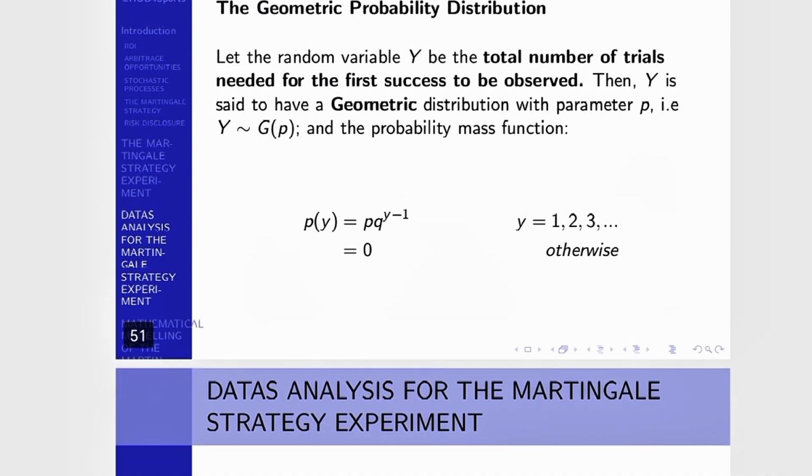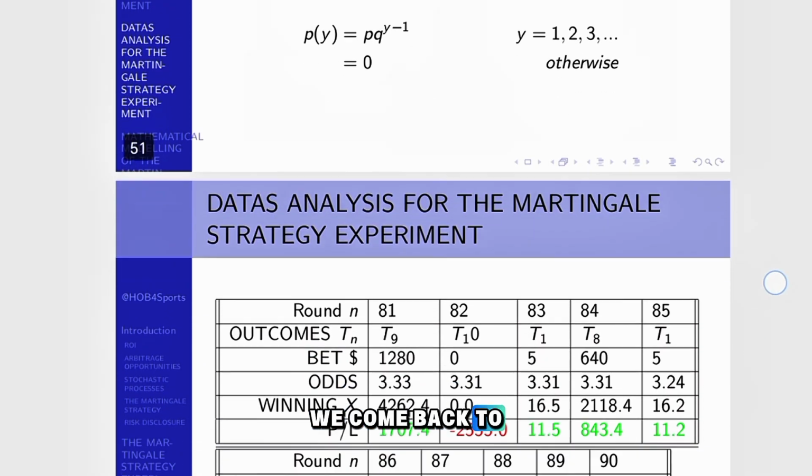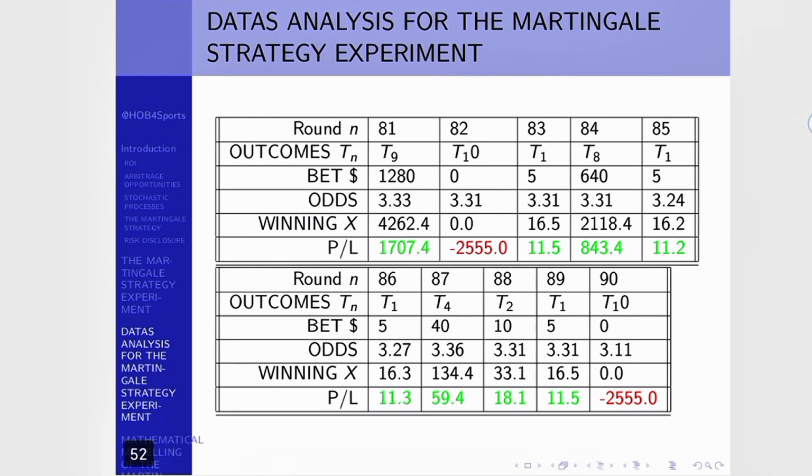Now, if we come back to our experiment, that is the Martingale strategy experiment in football prediction for the total goals even of 2 matches. Yes, these are the data of the football matches I have been collecting and recording.